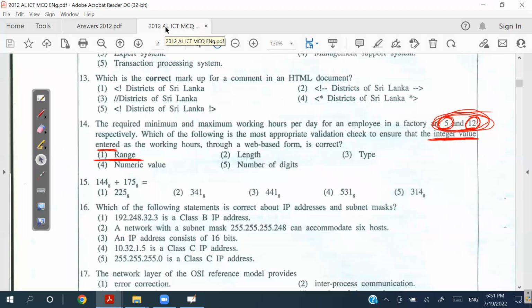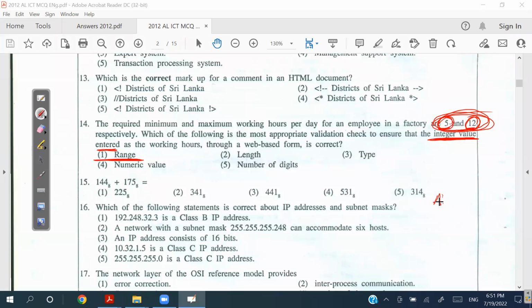Okay, so the 16th: which of the following statements is correct about IP addresses and subnet mask? 192.248.32.3 is a class B IP address. Now, for something to be figured out as a classful address, we need two factors.